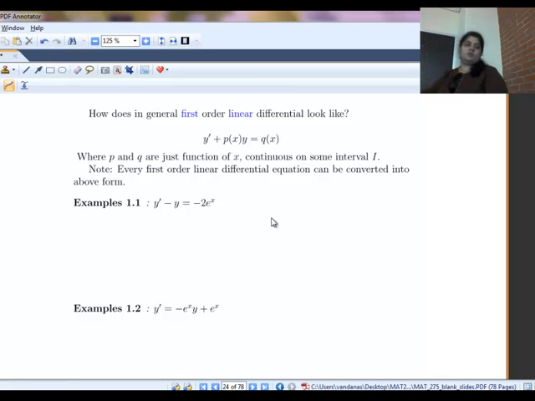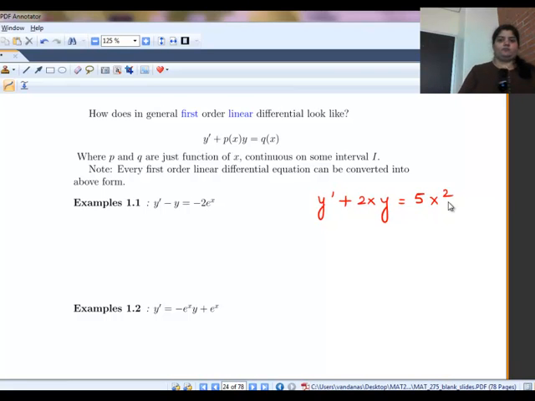Is this differential equation separable? So let me give you values of p(x) and q(x), and you can play around with that. So y prime plus, say, 2xy equals 5x squared. Is it a separable differential equation?